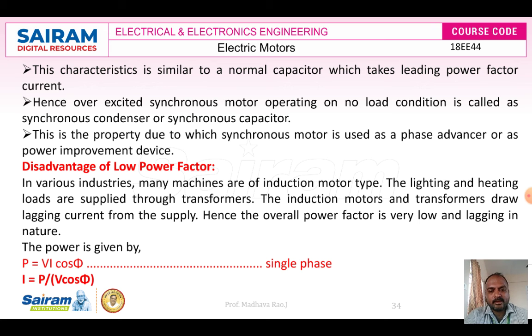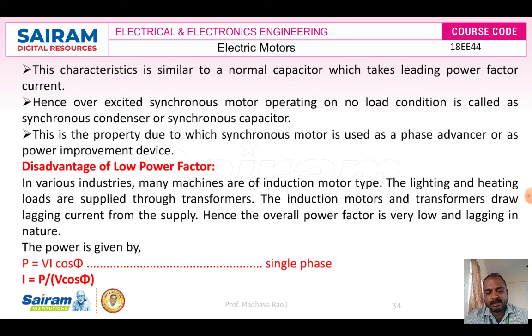Here the lighting and heating loads are supplied through transformers. Induction motors and transformers draw lagging current from the supply. The overall power factor is low and lagging in nature.